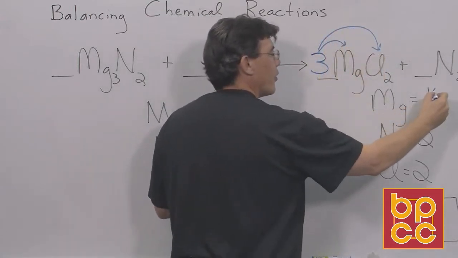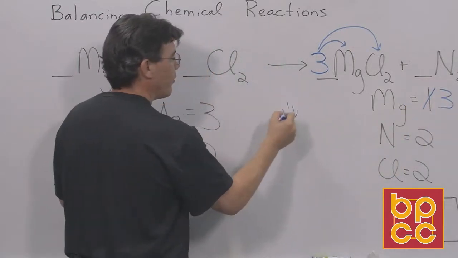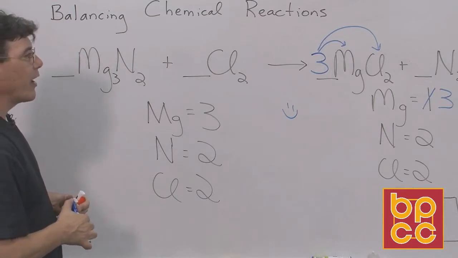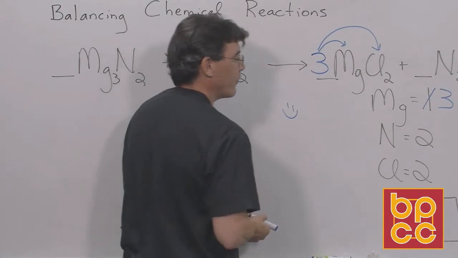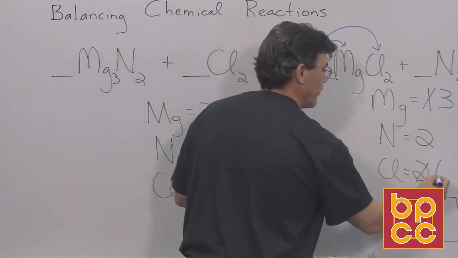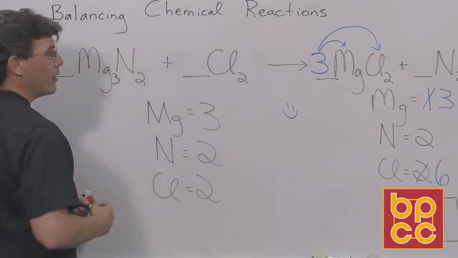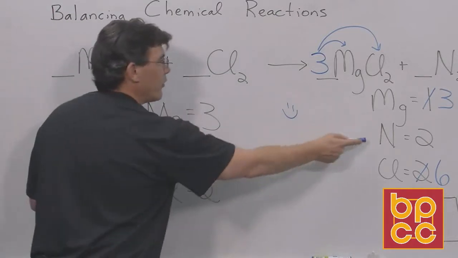What we put it there for was to get ourselves, at least temporarily, a balanced amount of magnesium on both sides, but that 3 here also changes the amount of chlorine. So we go from 2 to 6 chlorines. Okay. Let's take the next element that's not balanced. Again, the nitrogens are still balanced.